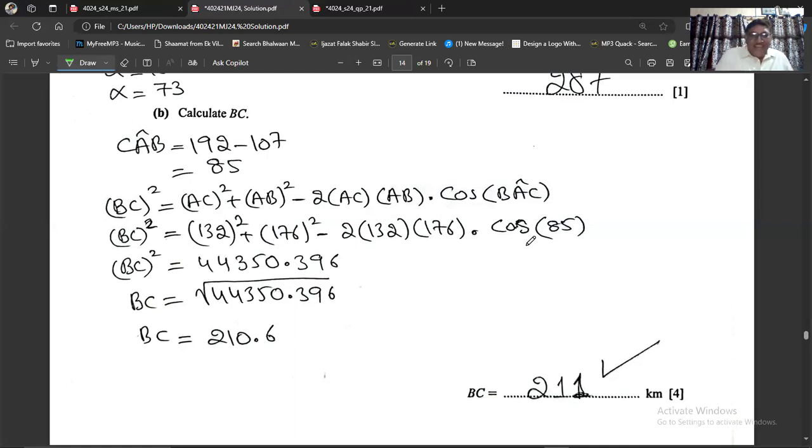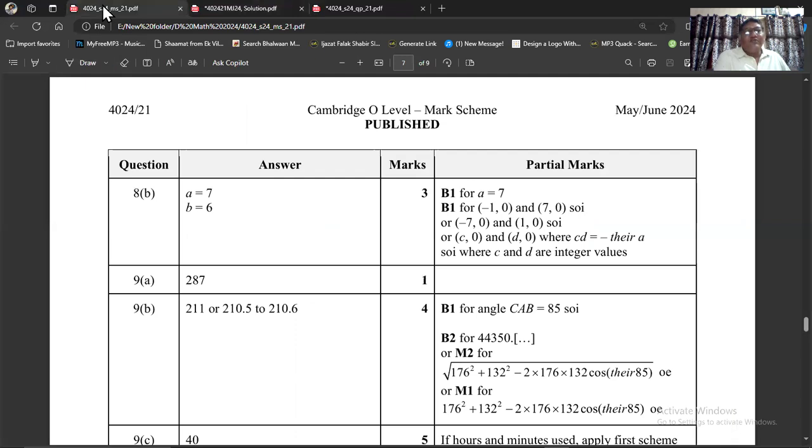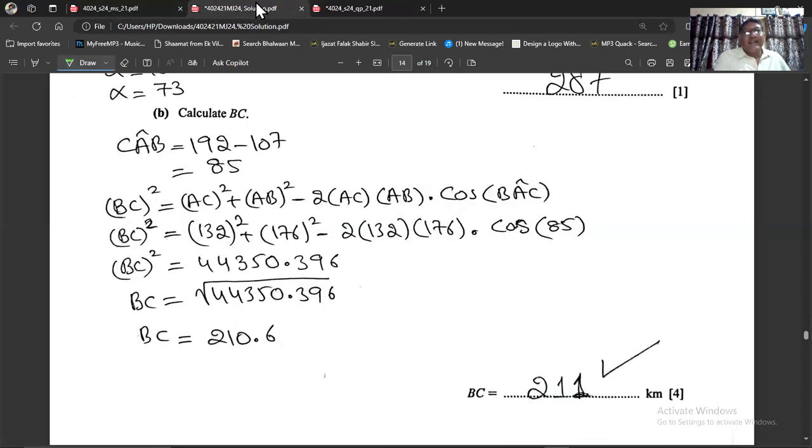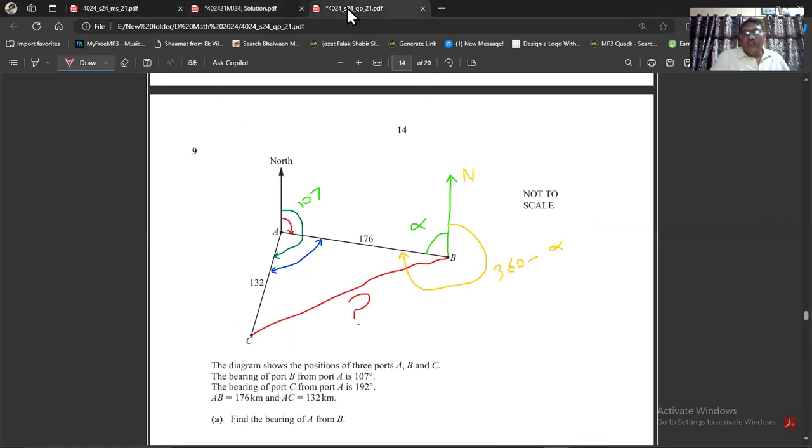You will get 44435. Then take the square root on both sides. You will have 210.6, so it's approximately 211. 211 is the right answer, sir. So this is how you will find it. I hope you understand this.